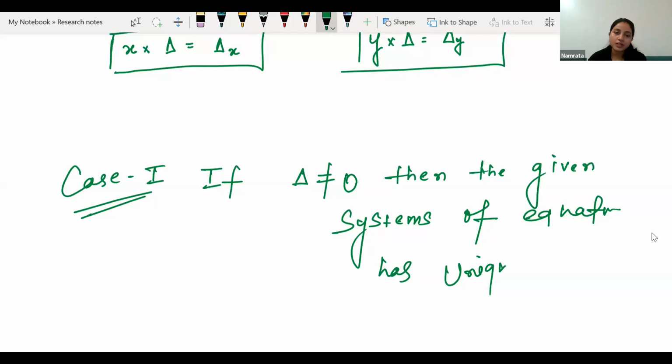The value of the determinant can be 0 also, right? But the first condition is that when it is not 0, then and only then is there a unique solution. Most of the time the question asks to check whether the system of equations has a unique solution, or for what value of lambda, b, or c the given system has a unique solution. At that time we have to take the condition that the determinant, delta, will not be 0.